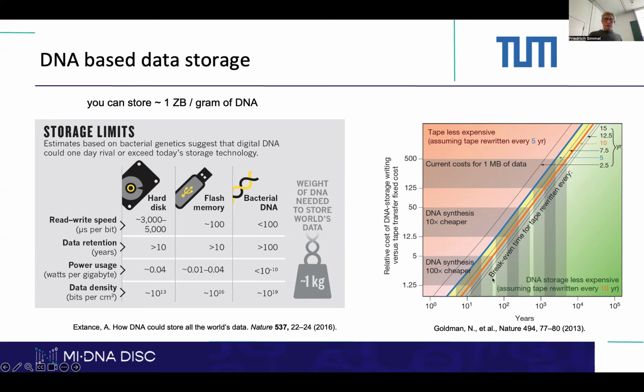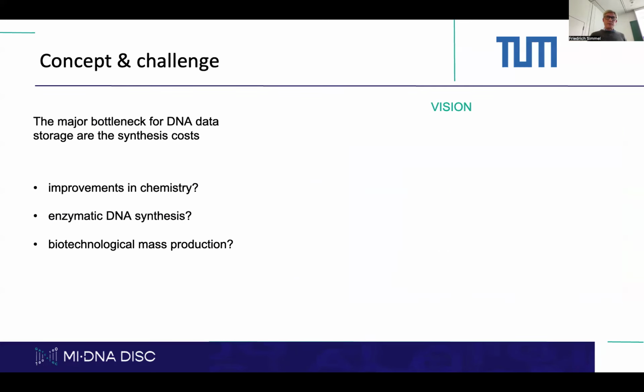Now our project is focusing on microbes as reactors and producers of DNA molecules. The reason for that is that the currently available technology for DNA synthesis, based on either chemical synthesis or newer methods like enzymatic DNA synthesis, will likely not be able to produce these huge amounts of DNA in a cheap way.